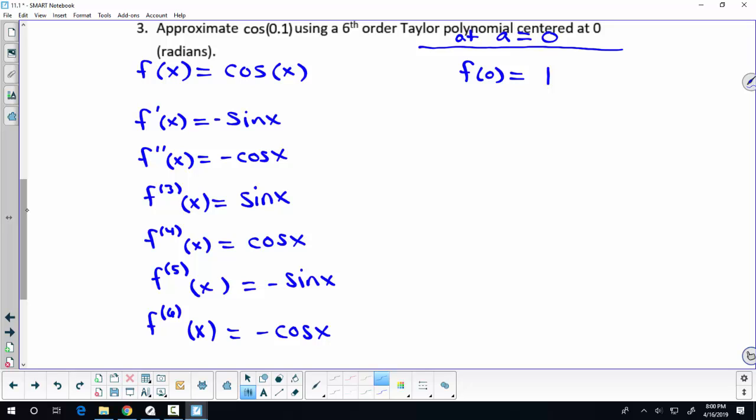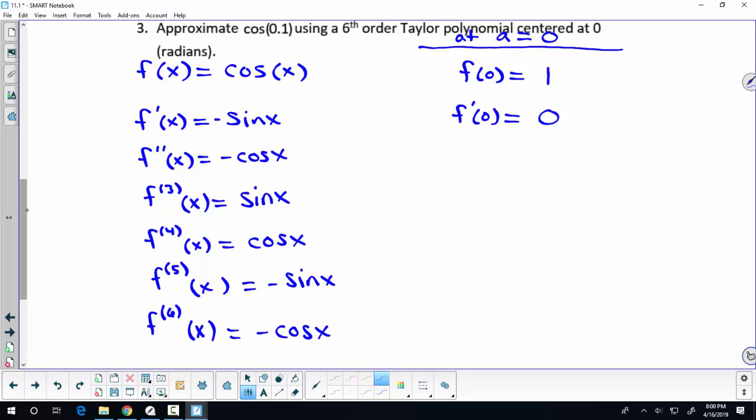So then we need to evaluate all of our derivatives at 0. And then we'll see what happens here and maybe address whether that matches up with the cosine function or not. So notice anytime we have a sine, all of those coefficients are going to be 0. So the first derivative evaluated at 0 is 0.